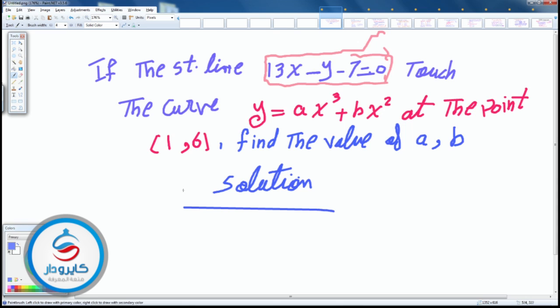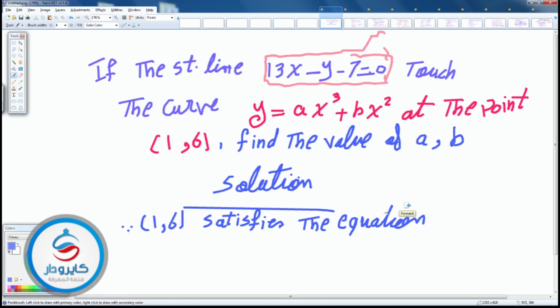This is the solution. Now, since the point 1 and 6 satisfies the equation, which equation? The equation of the curve.